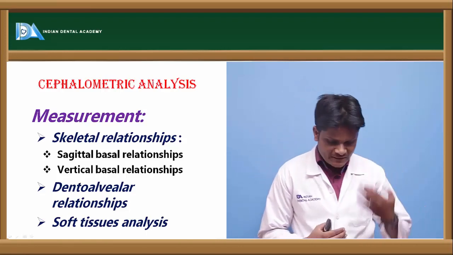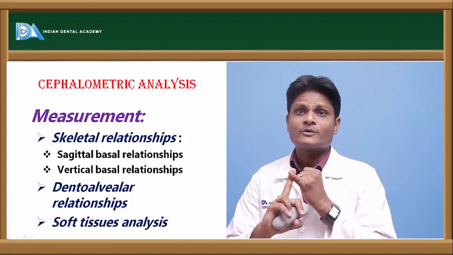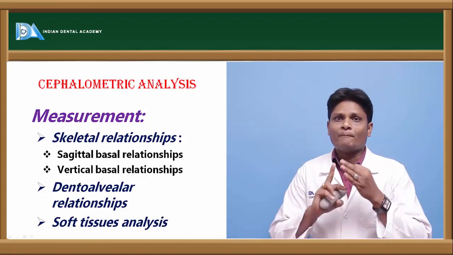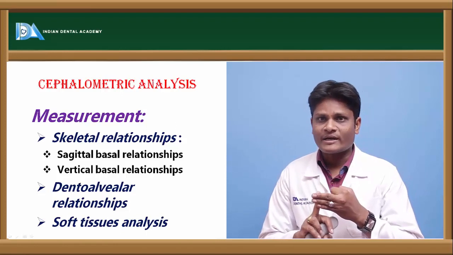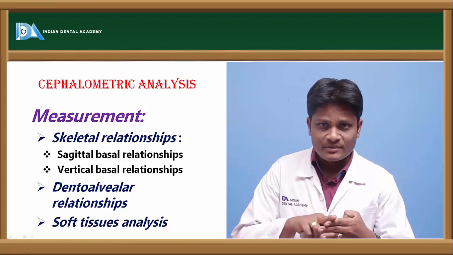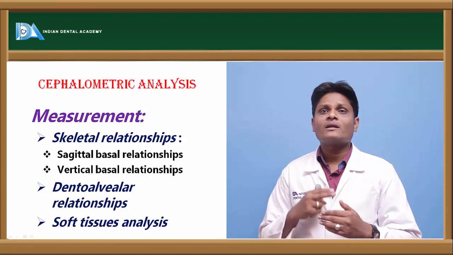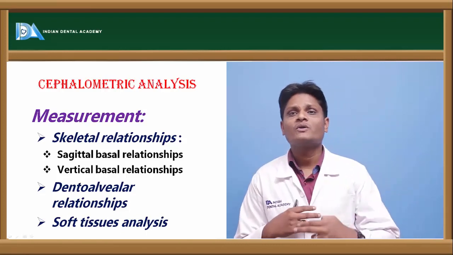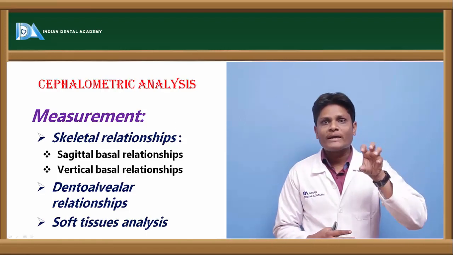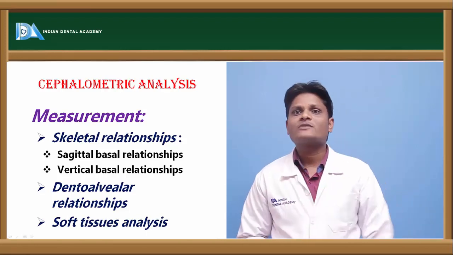The main purpose of cephalometric analysis is to relate the skeletal maxilla to the anterior cranial base, the skeletal mandible to the anterior cranial base, the maxilla's relationship to the mandible and vice versa, the relationship of maxillary dentition to the maxillary skeletal base, mandibular dentition to the mandibular skeletal base, and the relationship between maxillary and mandibular dentition to each other. So these are the things which are going to be accomplished by cephalometric analysis, both in the anteroposterior as well as vertical planes of space.